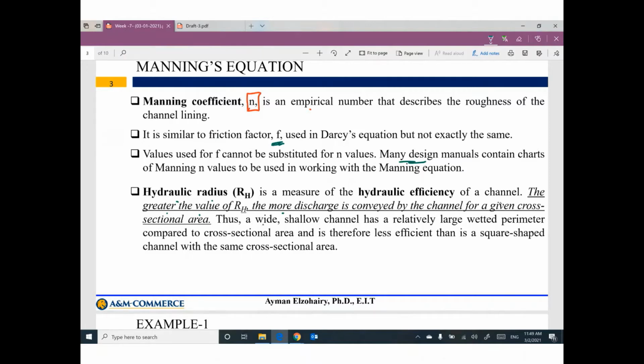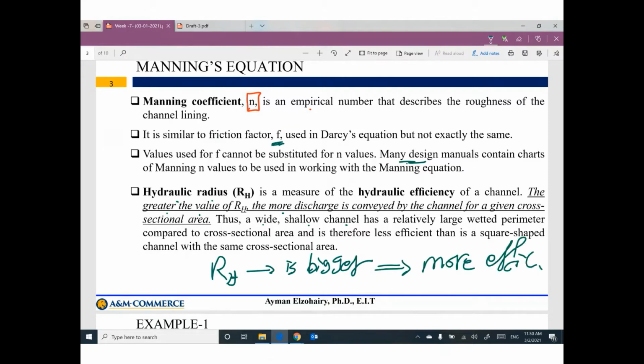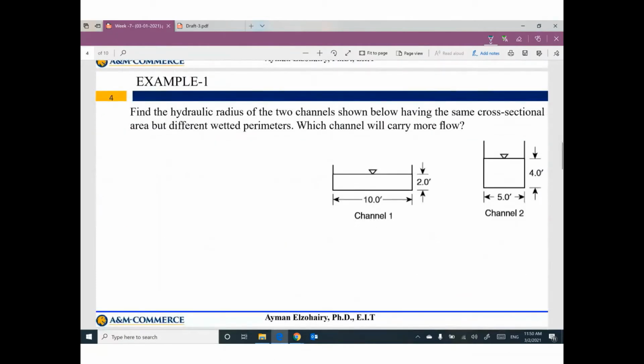A wide, shallow channel has a relatively large wetted perimeter compared to cross-section area and therefore is less efficient. So the final conclusion: if the hydraulic radius is bigger, the channel will be more efficient. Let's see this example.